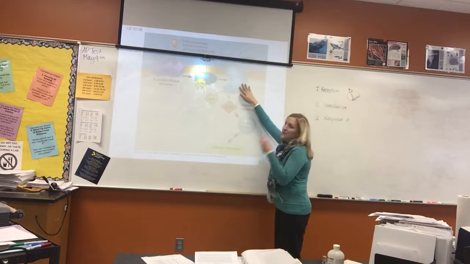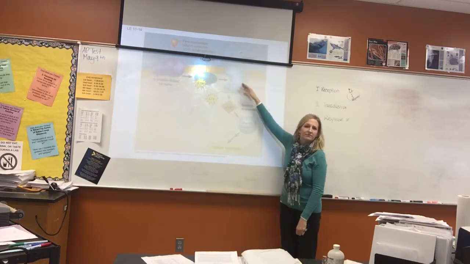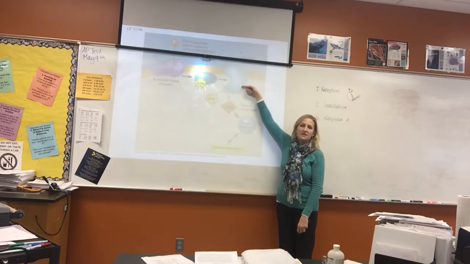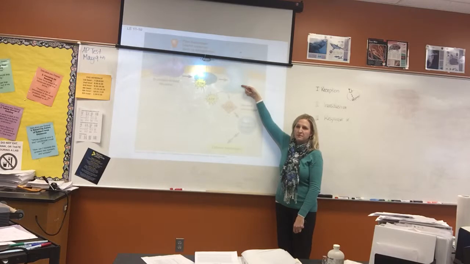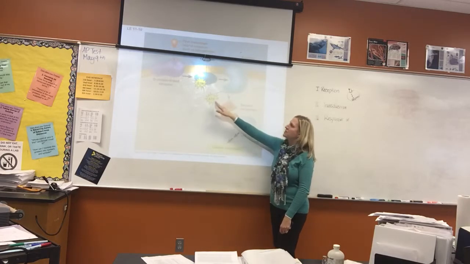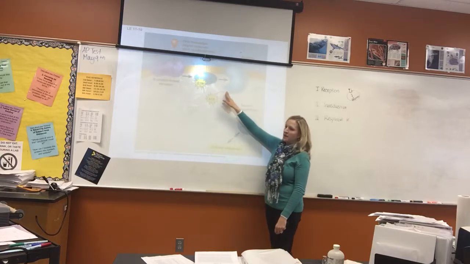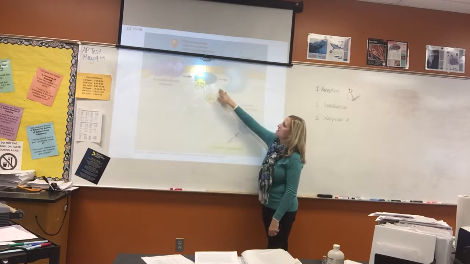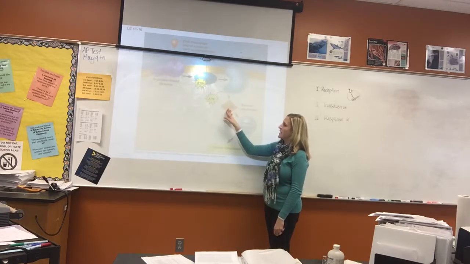This enzyme catalyzes what reaction, according to this picture? Katie? It produces cAMP, right? Yes. So it converts ATP to cyclic AMP. And so this activated enzyme causes ATP to be converted to cyclic AMP.